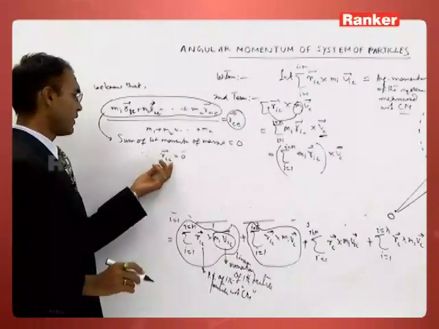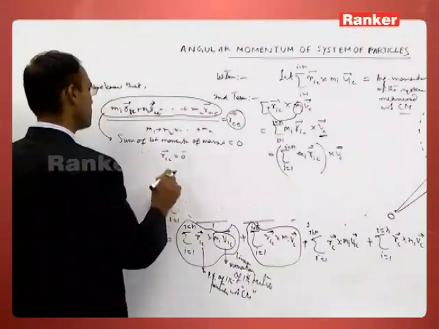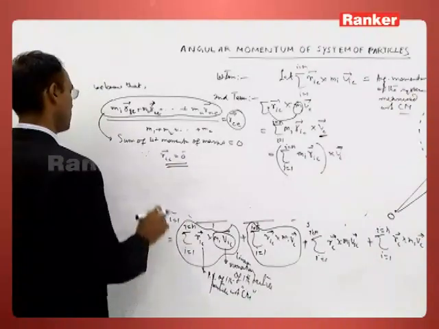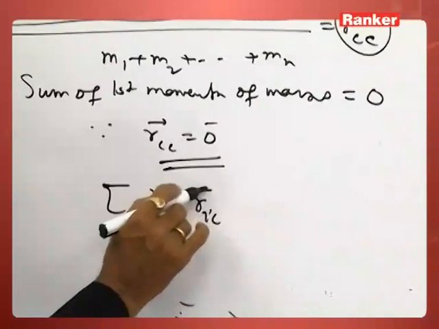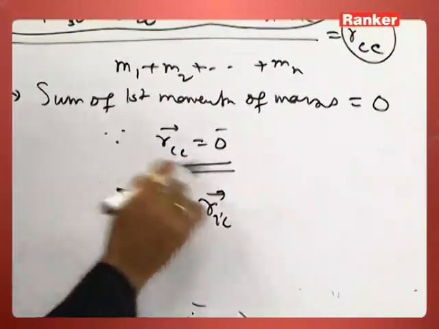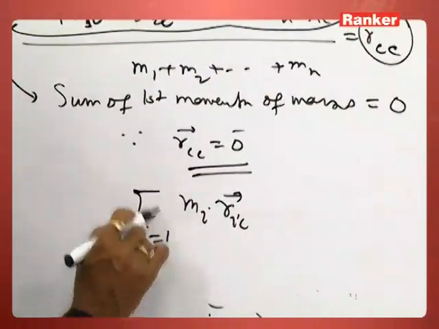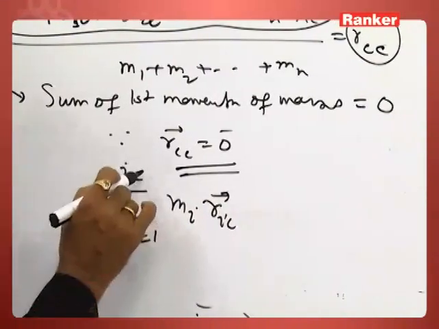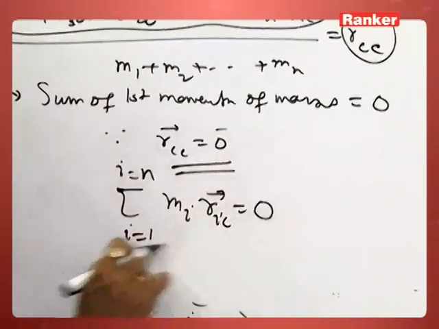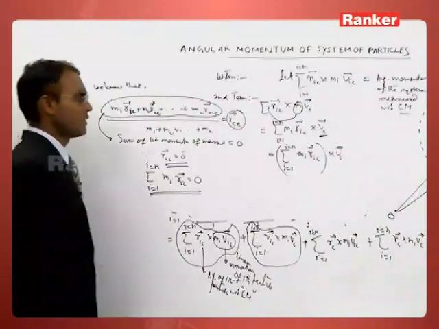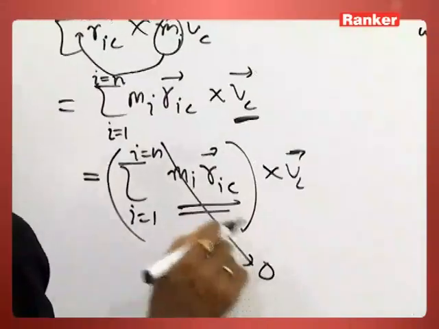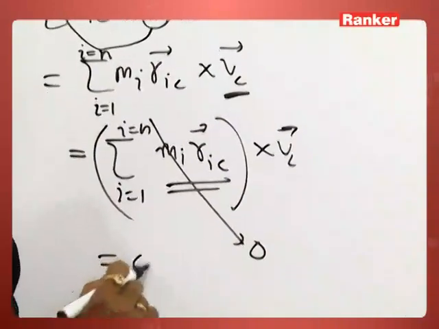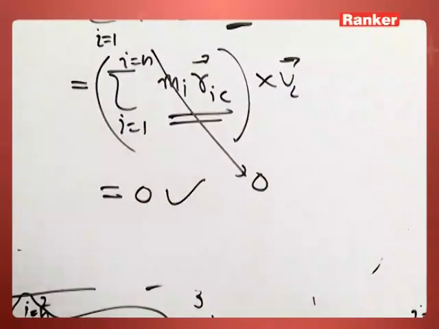The position vector of center of mass with respect to center of mass is always 0. Therefore, summation of m_i r_ic from i equal 1 to n is always equal to 0. When this term will be 0, the entire term will vanish. The second term will be equal to 0.